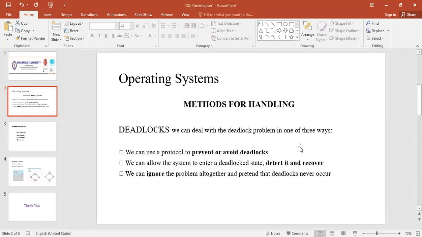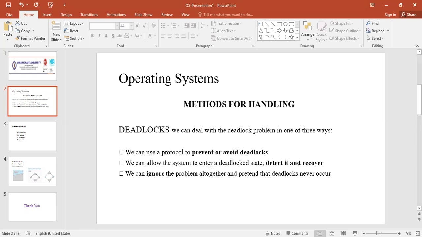So when deadlock occurs, the operating system will handle it by three methods. The first one is using a protocol to prevent or avoid deadlocks.